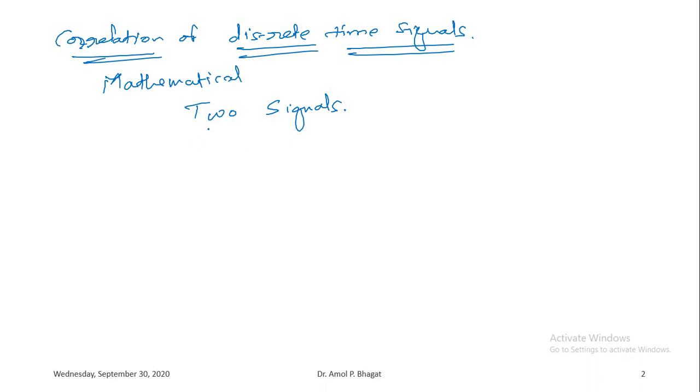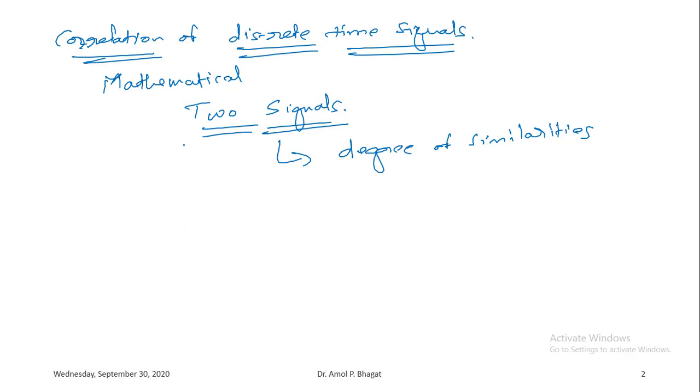So basically two signals are involved in this correlation operation, and we'll measure the degree of similarity between these two signals depending on whether these two signals are distinct.